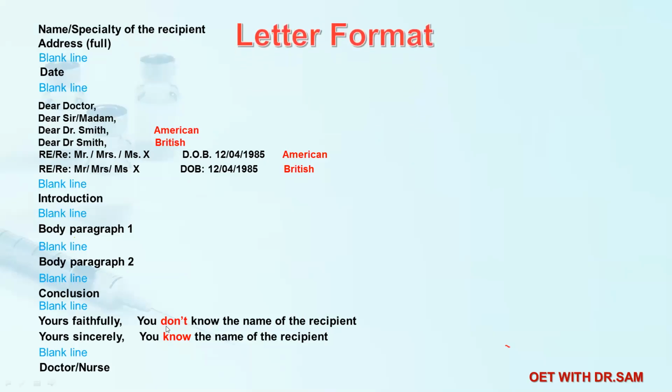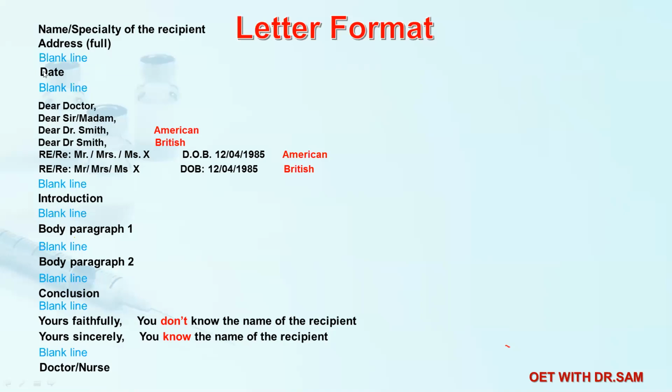Okay, let's combine these six items in one format. The name and the specialty of the recipient, then the address. After that, you will leave a blank line, an empty line. After that, the date of writing, like 15 January 2021.